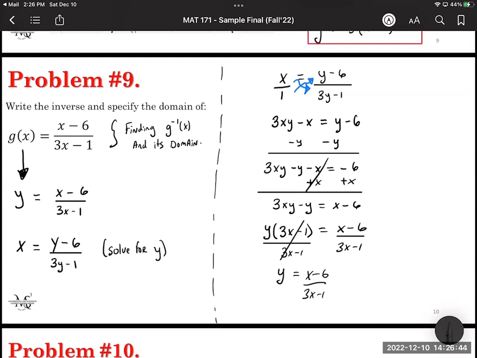So it appears that in this problem, the inverse is going to be, I don't know why this happened. Usually it's not the case, but that's the case here. The inverse is just going to be itself. It shouldn't, though. That wouldn't make sense. Or unless I'm overthinking this.